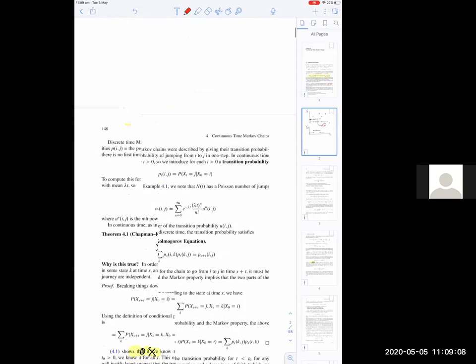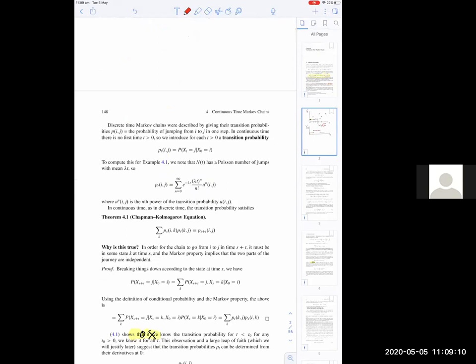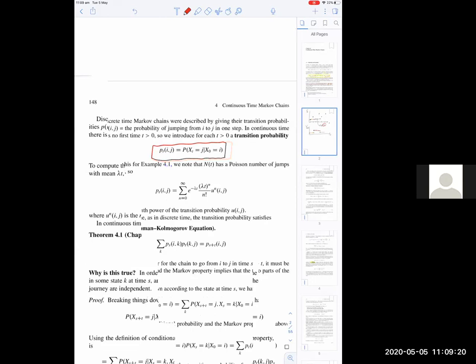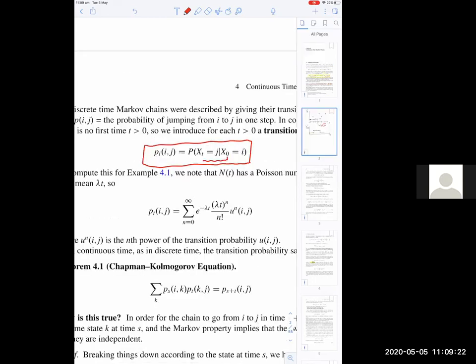Now, we already spoke about the transition probability when we finished last time. So P_t(i,j) is the probability, after t units, where t is any continuous time increment, of going from state i to state j.